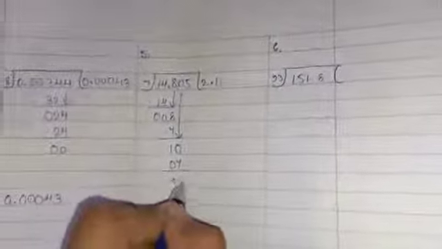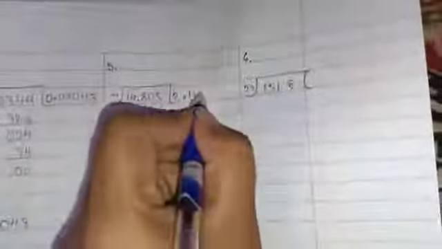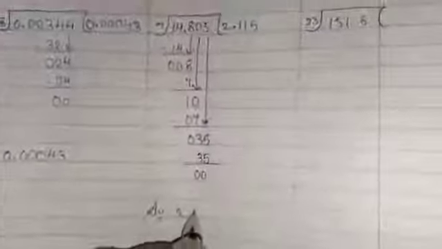How much is left? 3. Okay. Now I'll take this 5 down with me. Now in the 7 table 5 comes, so 7 5s are 35. I will subtract. I will get 0. So what is the answer? The answer is 2.115.